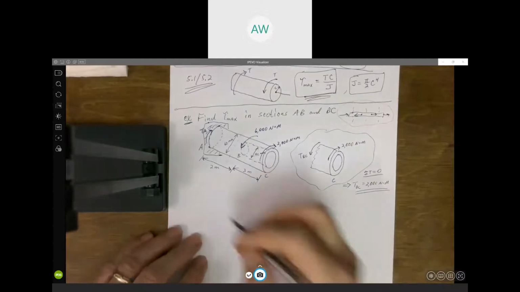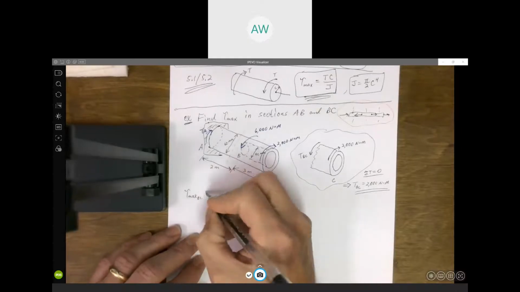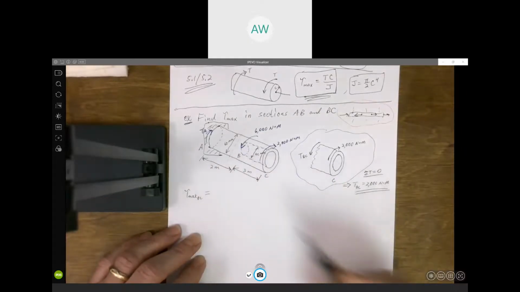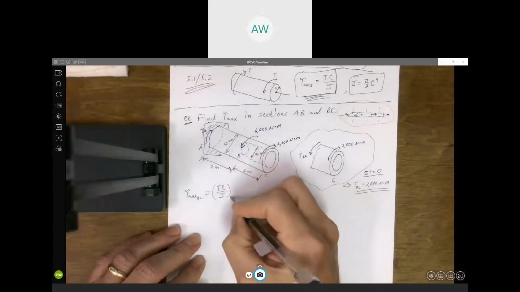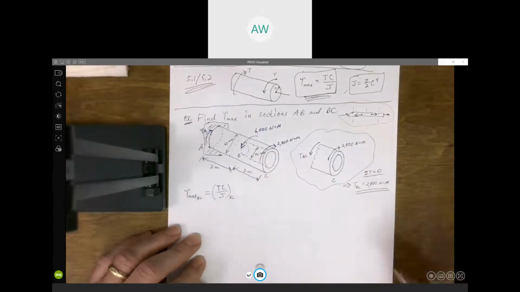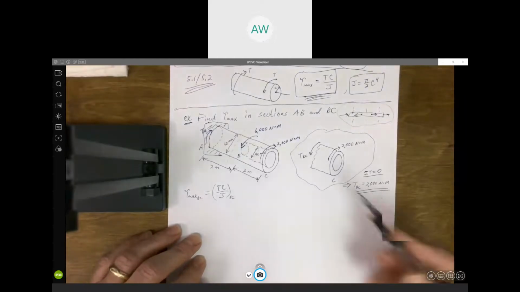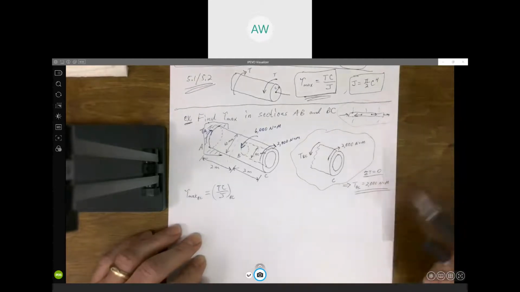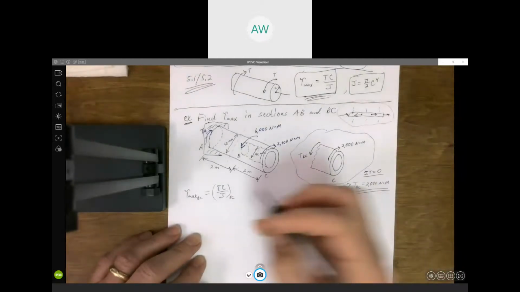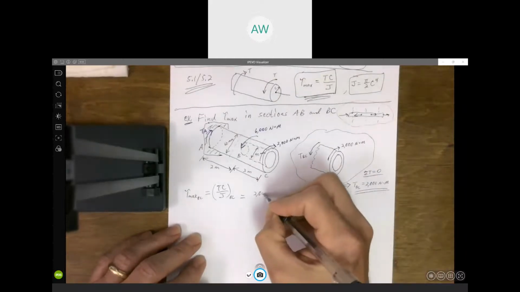All right, so let's get our maximum shear stress in section BC. It's just going to be again, Tc over J for section BC. Well, we just determined what the torque was. c is going to be the outer radius, and J is the polar moment of inertia we'll calculate. So this torque is 2,000 Newton meters.